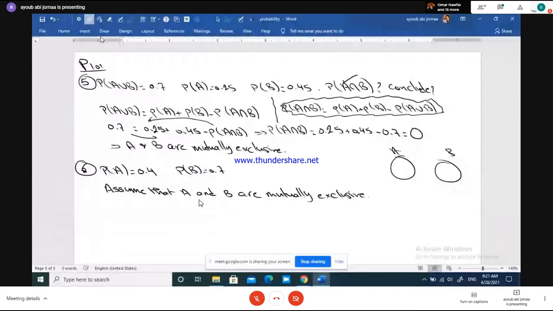What will be the probability of the union, Omar? The rule. A union B, in case A and B are mutually exclusive. What will be the probability of the union?